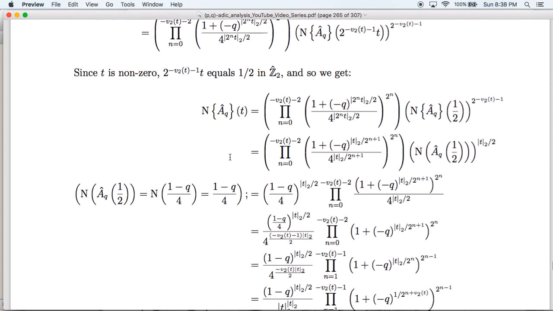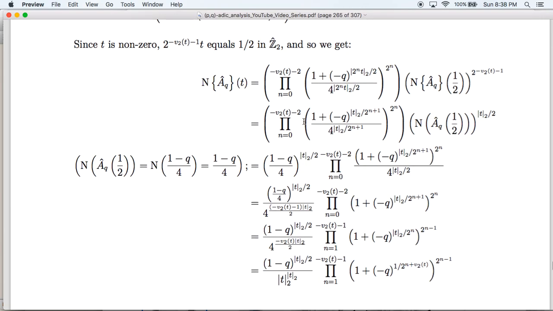Now we just run through the computation. It's glorious shutting up and computing. So here, this is the p-adic absolute value of t over 2, and here this 2n becomes 1 over 2n, and likewise in the denominator. Here, the 2n exponent is going to cancel out the 2n over here, so we're left with 4 to the power of t2 over 2.